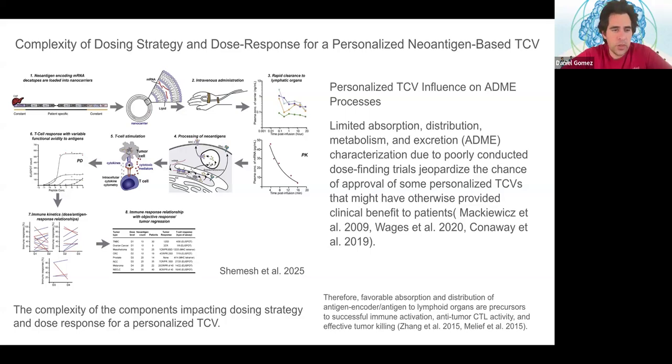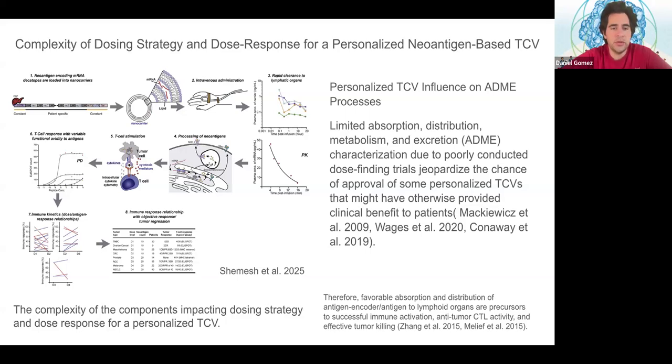antigens. The immune kinetics is shown in a dose antigen response relationship, where we have D1, D2, D3 and D4 with percentage immune response. Lastly, we have the immune response relationship with the objective response and tumor regression.